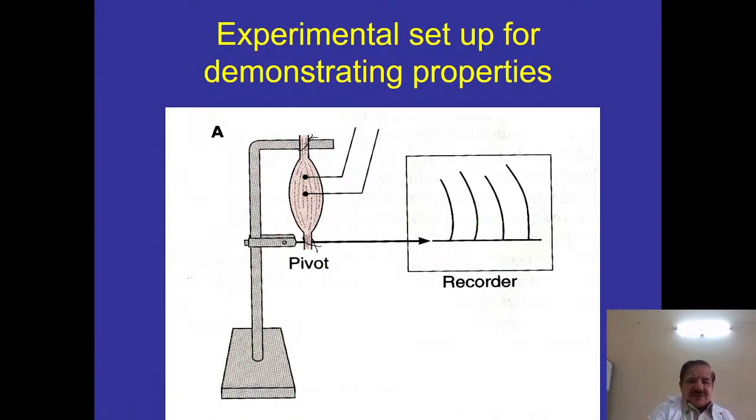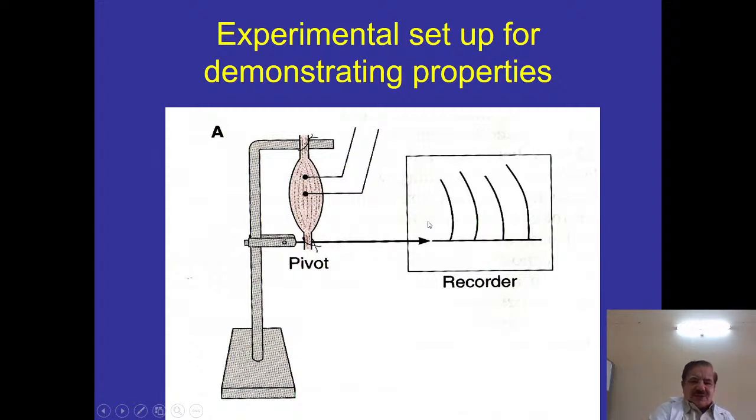One end is attached to the stand and the other to the lever. This lever is writing on the graph paper, the smoke paper. Once you give a stimulus, the muscle will contract, it gets shortened, and you will get a curve.